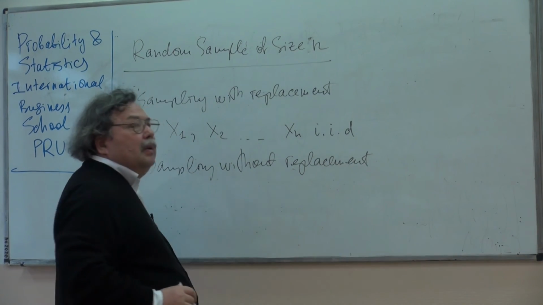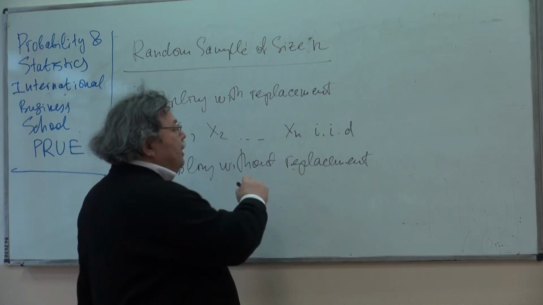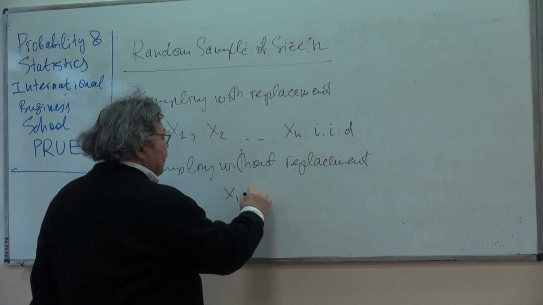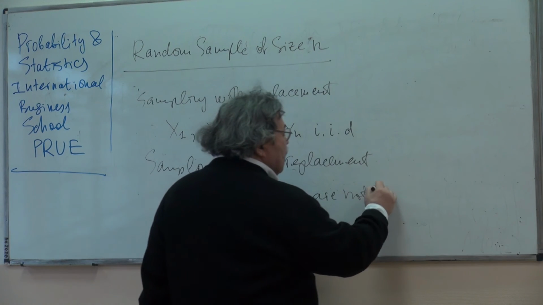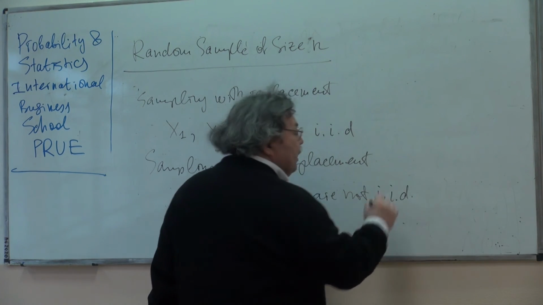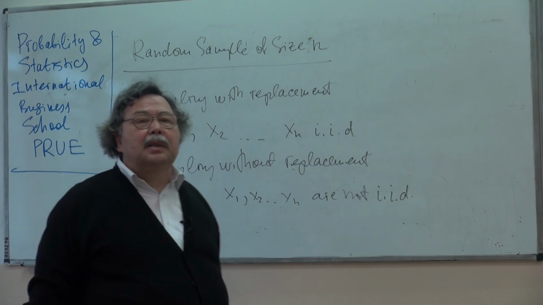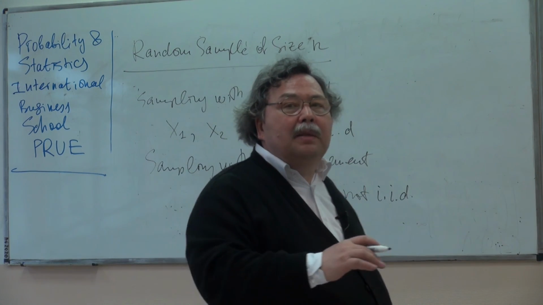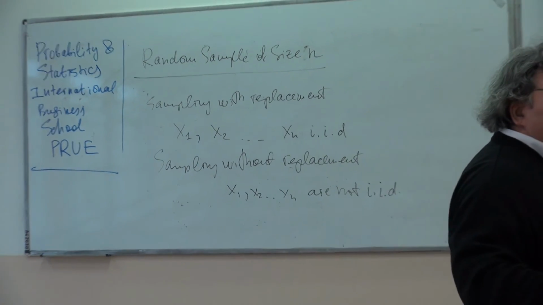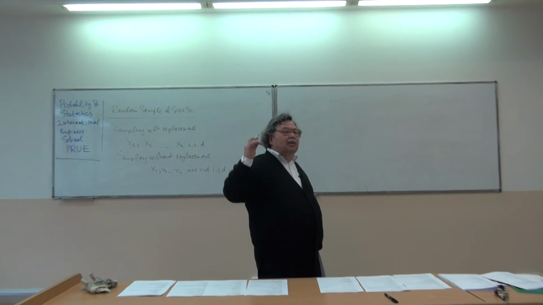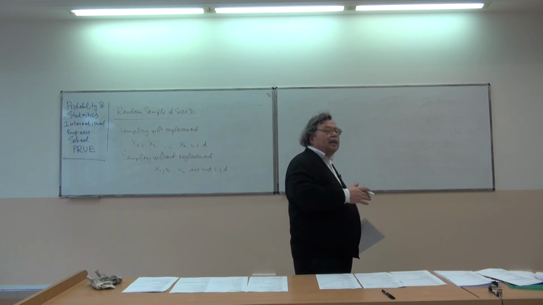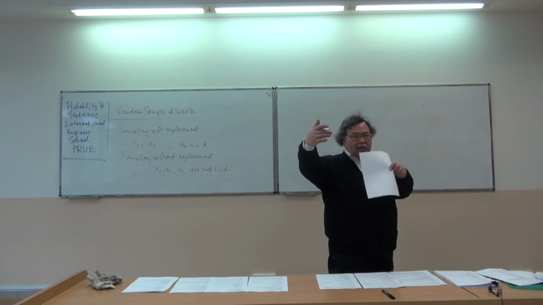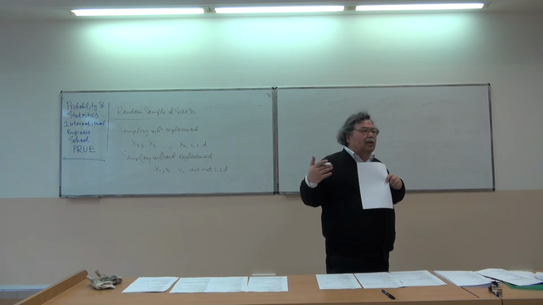Okay, now, formally speaking, in this case, x1, x2, xn are not IID, are neither independent nor identically distributed. Because if you have chosen one guy and put this member away, your second choice is more narrow, a bit more narrow, okay?